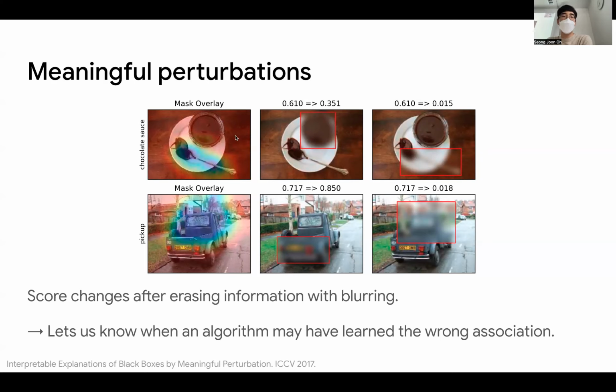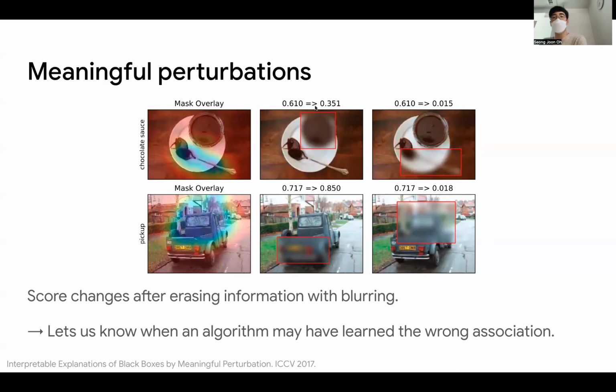And they have this kind of interesting example of how this could be used. They say for detecting if there's a chocolate sauce or not, actually what the model is looking more at is the spoon rather than the actual sauce. So you can see here that by removing the chocolate with blurring, you do not see much drop in confidence from 61.